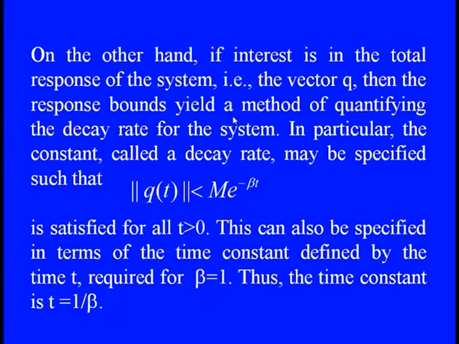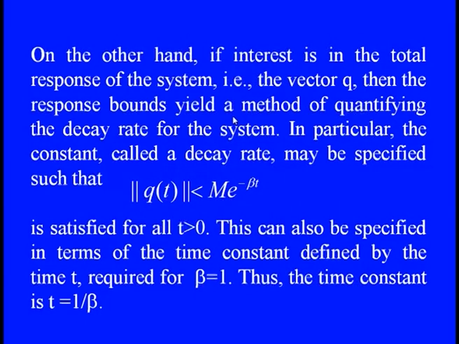But on the other hand, if the interest is in the total response of the system, say a generalized solution, then the vector q can give the response bounded by a method of quantifying, which needs to be decaying, consisting of the decay rate of the system.